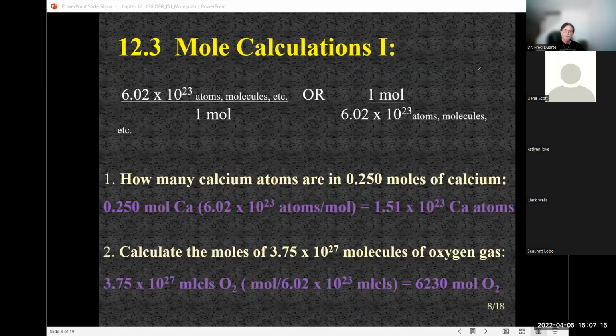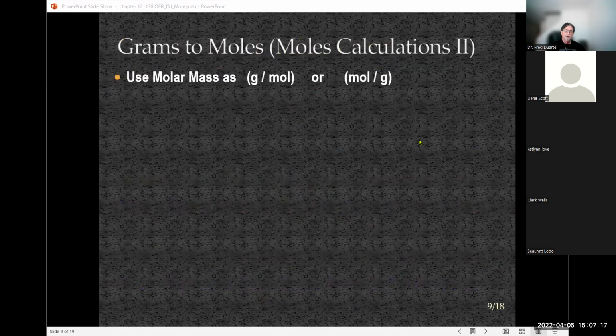Okay, so we ended up here, and this is calculations. Notice, up to this point, we've been just dealing with moles or atoms. But keep in mind, when we're in the lab actually doing experiments and calculations, we don't have balances that measure in moles. We have balances that measure in grams.